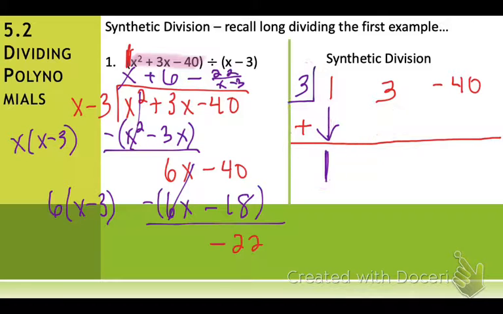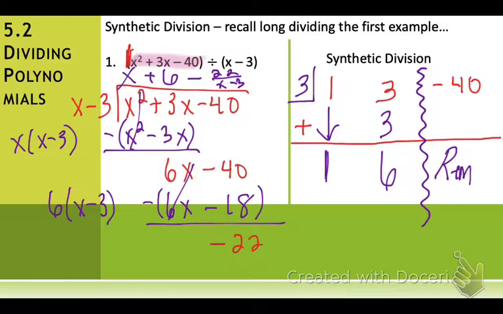Then you just add these two things. 3 plus 3 is 6. That's going to be the second coefficient of my answer. You can actually see it there. And then the very last thing is always the remainder. So what I always do in synthetic division is put a squiggly line here, because whatever is left here is always the remainder, the last part, always.